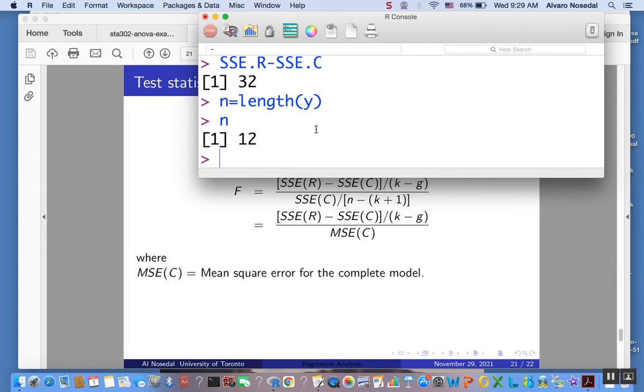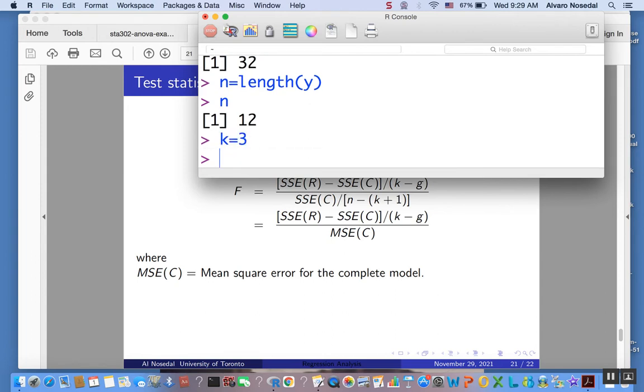So now we need k. Remember that k is the number of parameters in the complete model, the number of beta parameters. So we have mu1, mu2, and mu3, so k equals 3 in this case. g represents the number of beta parameters in the reduced model.